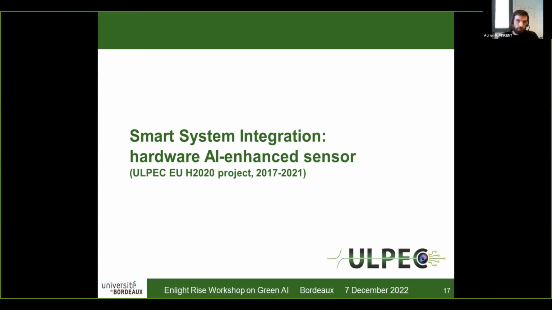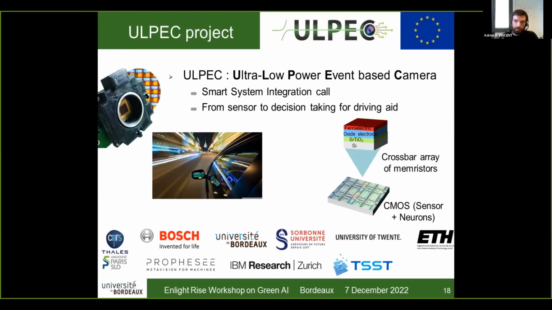That is what is called nowadays edge computing. And we had the opportunity to try to do that in the European ULPEC project, which was aiming at building an ultra-low power event-based camera.